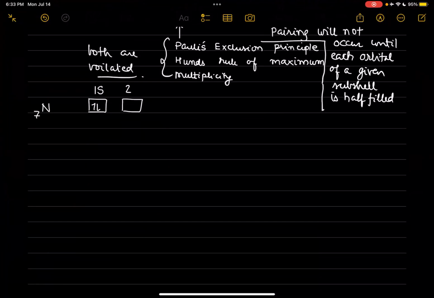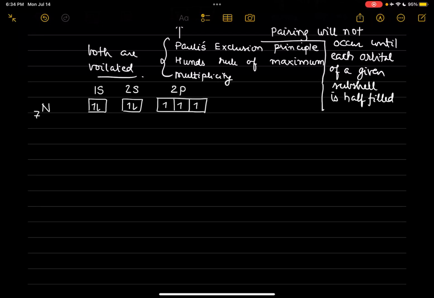Nabila, you can help me with the electronic configuration of nitrogen. 1s2, 2s2. And now you have the 2p subshell. The 2p subshell will have 3 orbitals, 2px, 2py, 2pz, and I am still left with 3 more electrons. So I am going to put one in each with parallel spins. Is it clear?